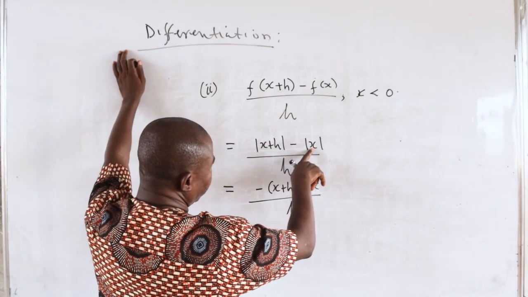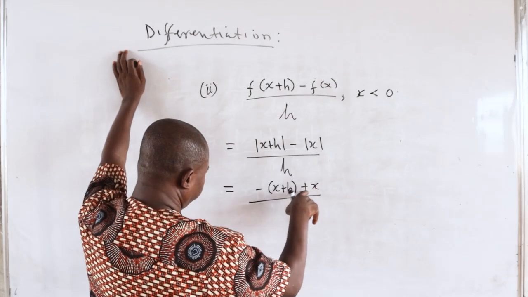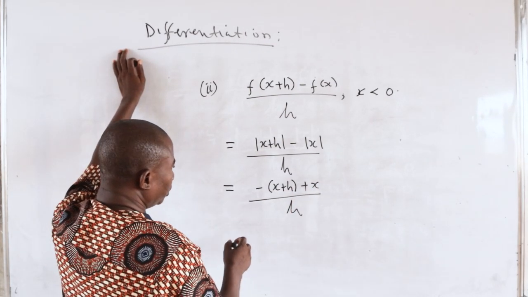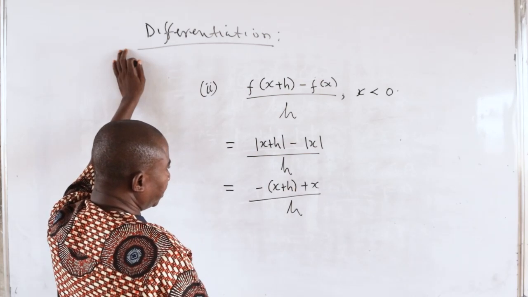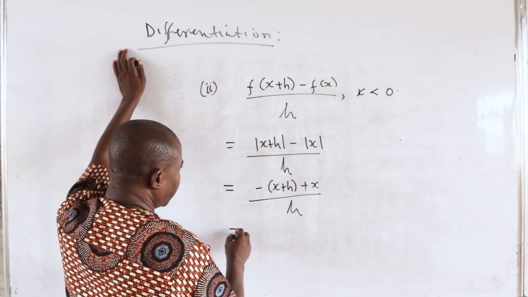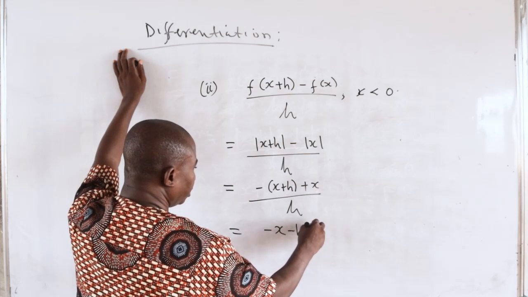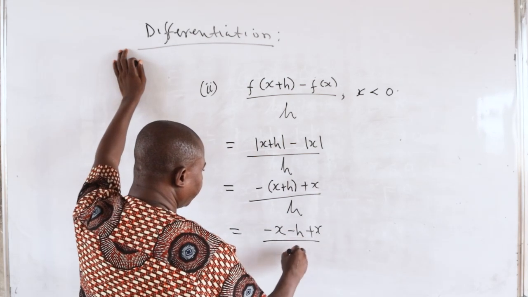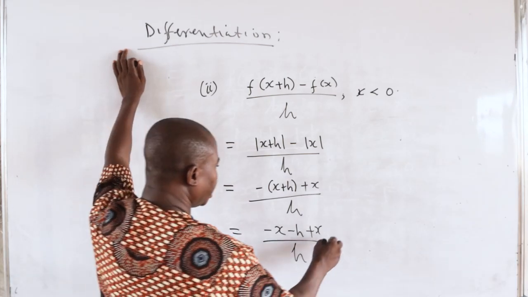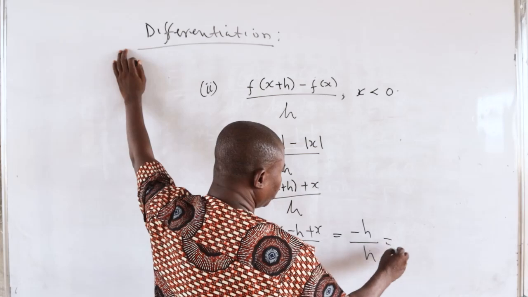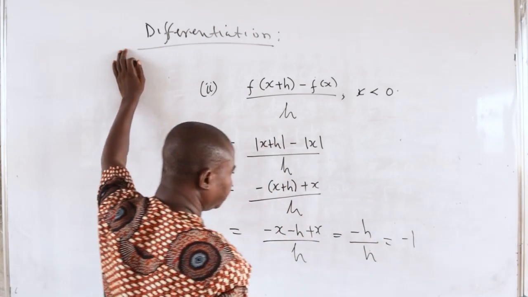Because absolute value of x is minus x, so this is what we have here, and then this is what we have here. And so, if you evaluate this further, this is going to give minus x minus h plus x divided by h. And this is nothing but minus h divided by h, which will give me minus 1.